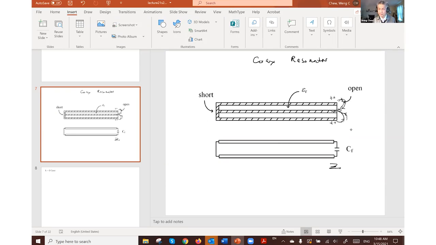And that depends on the phase of the wave, of course. And this fringing field stores electric energy, and that has to be modeled with a capacitance called a fringing field capacitor. Okay, and this stores electric field energy.